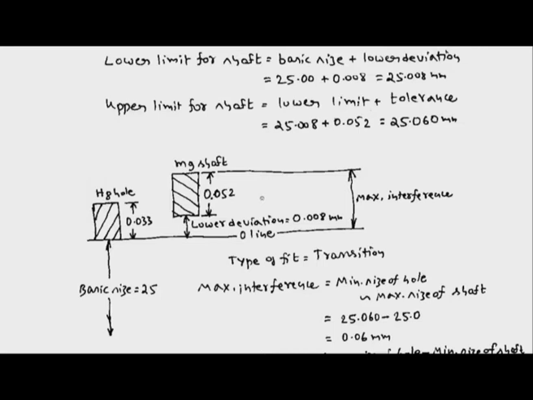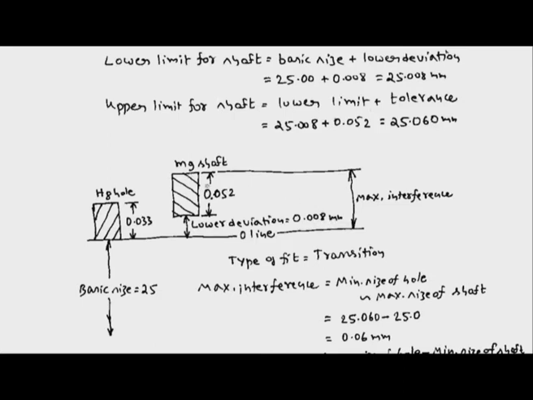So, this is the basic size 25 millimeter and the 0 line, and this is the H8 hole with a tolerance value of 0.033 millimeter, and this is the M9 shaft with a tolerance value of 0.052 and the lower deviation is 0.008 millimeter.